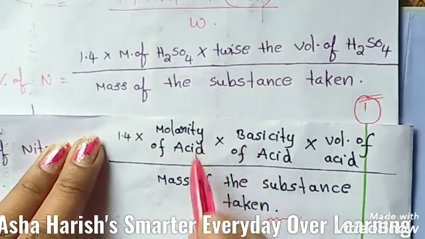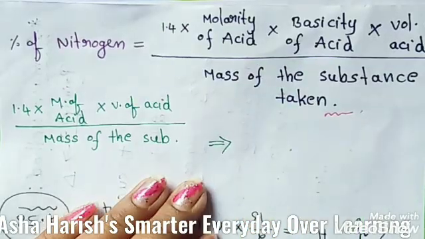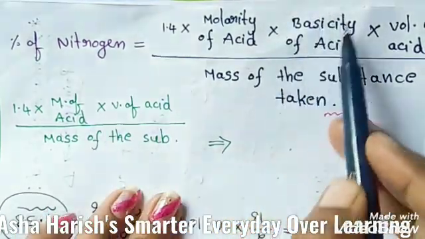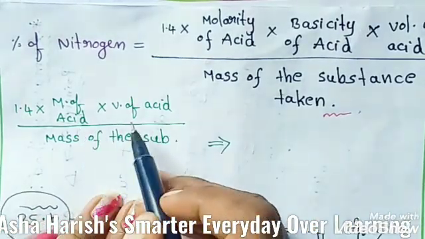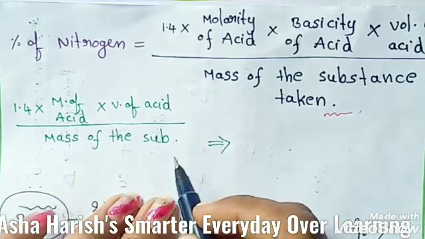Now this equation reduces to 1.4 into molarity of an acid. Here basicity of an acid is 1, then you can ignore this. Now molarity of an acid into volume of an acid by mass of the substance what you have taken.